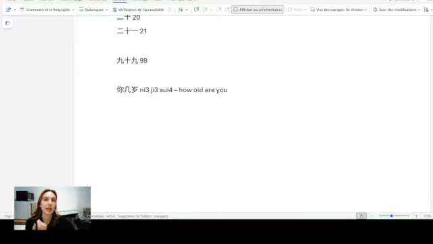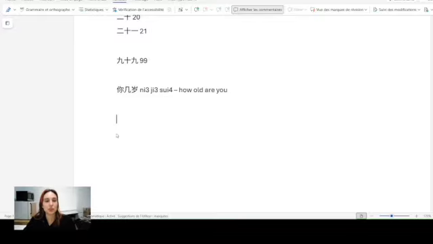And 几 is the interrogative word in this sentence. So it's asking like how much when we are counting the age. Okay? So 你几岁? How old are you?